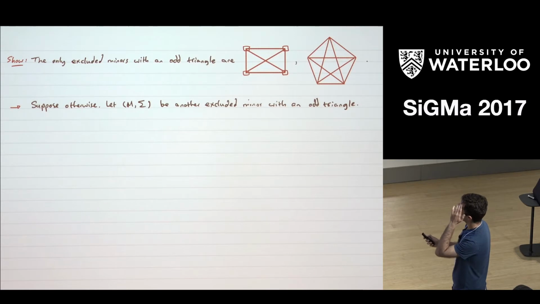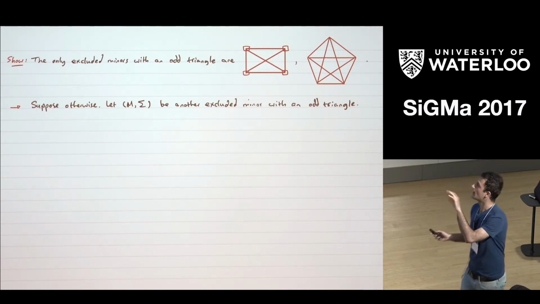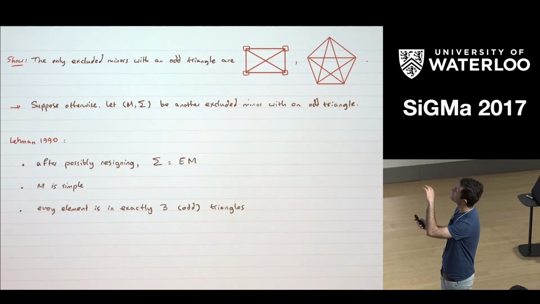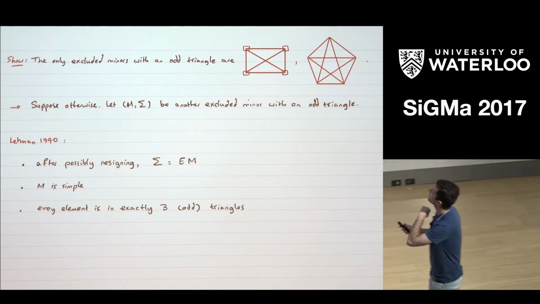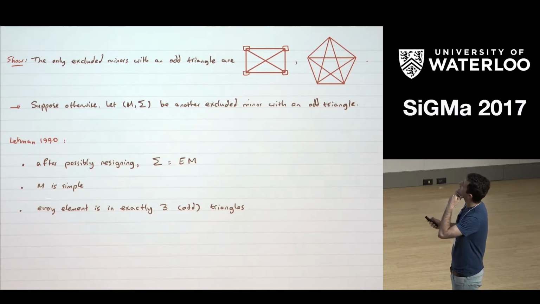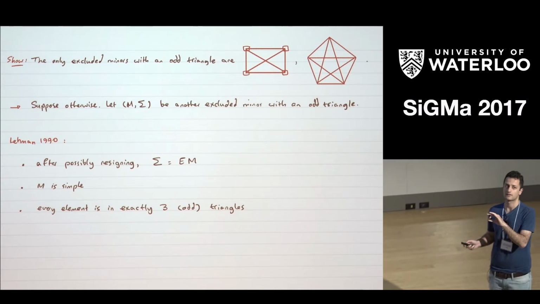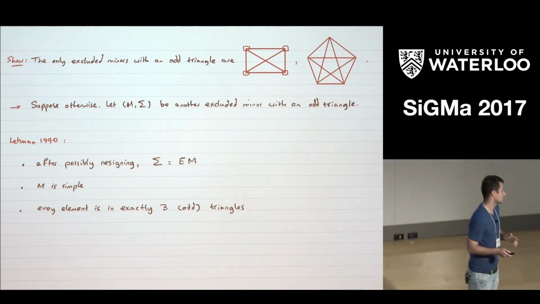Suppose that's not the case, and let's pick another excluded minor that has an odd triangle. Then Lehman's theorem, we're just going to use it as a black box. What it proves is that there is a resigning where every element is odd. So we're going to pick that signing. So you don't need to worry about parity anymore for now. Every element is odd. It also shows that M is a simple matroid, and that every element of the matroid appears in exactly 3 triangles, which have to be odd because every element is odd.